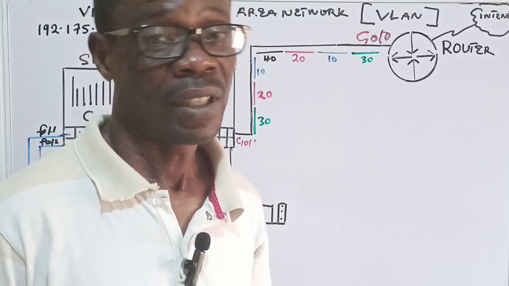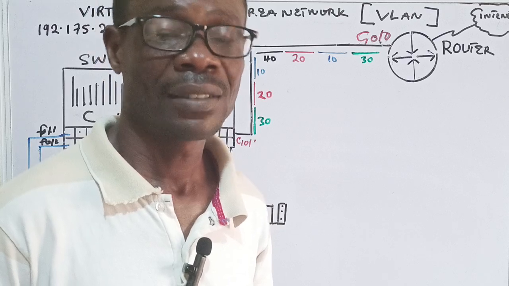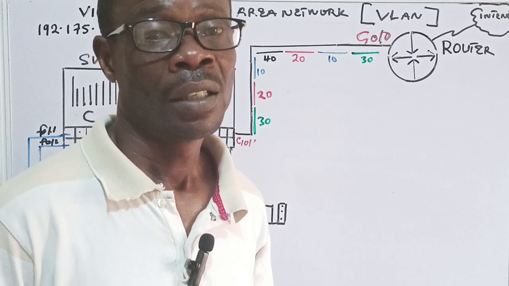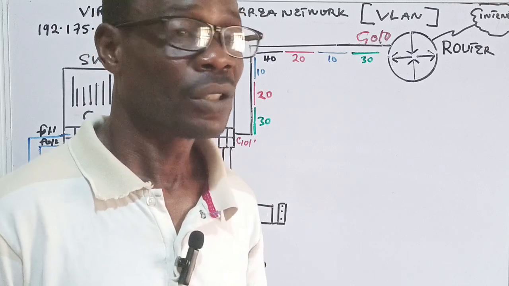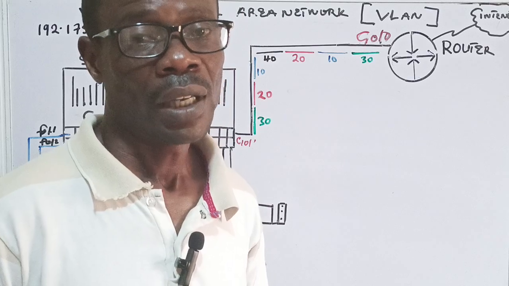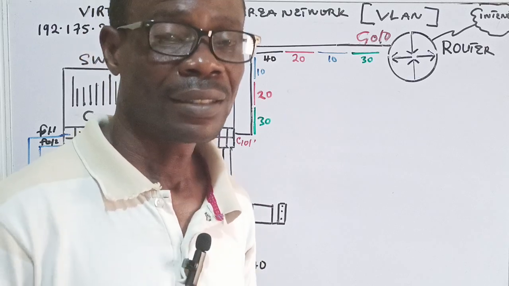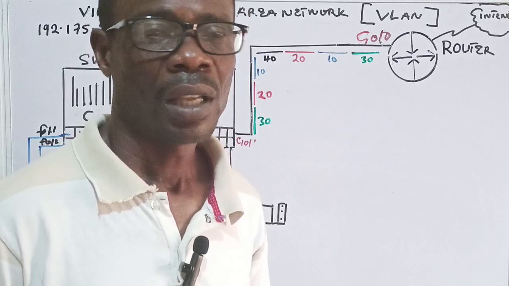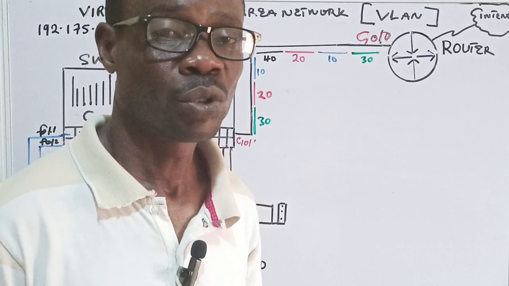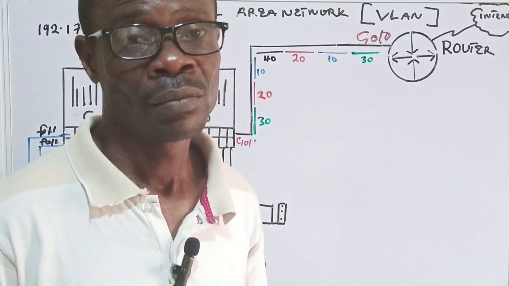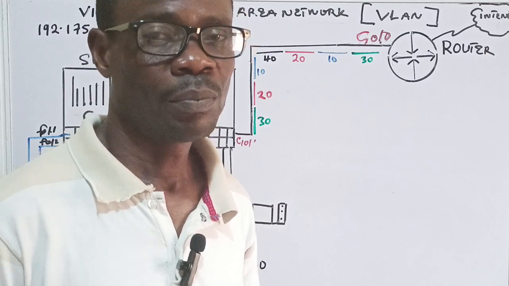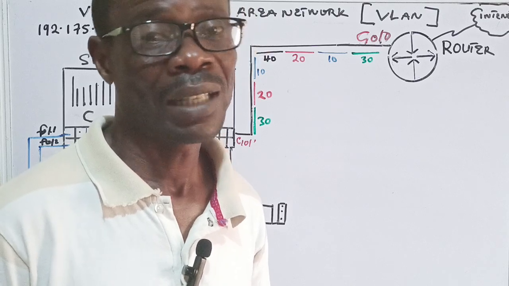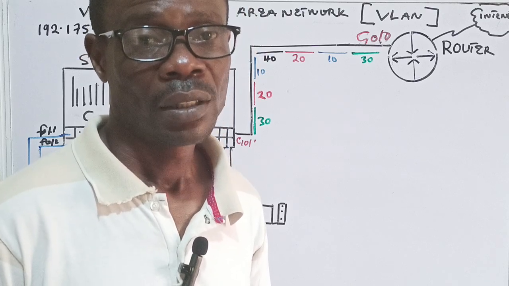For instance, let's say there is an accounting server that contains the financial records of that company, and they put the accounting server together with all users. Anything can happen. Another thing is CPU overhead. When somebody sends a broadcast, or two people send a broadcast at the same time, it's going to eat the CPU of that switch or computer, thereby reducing the performance of the network.